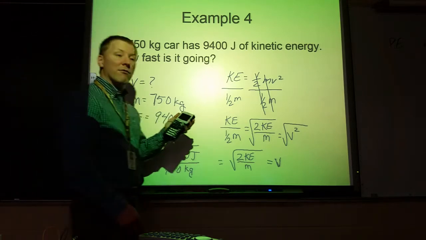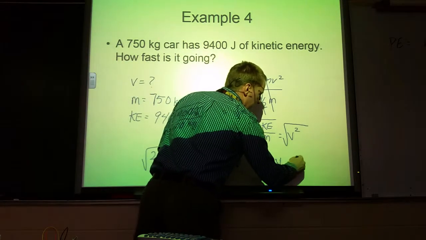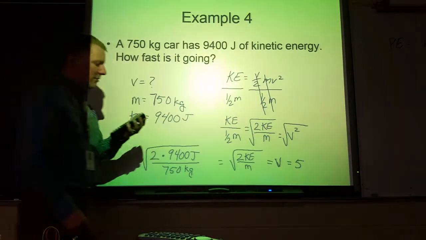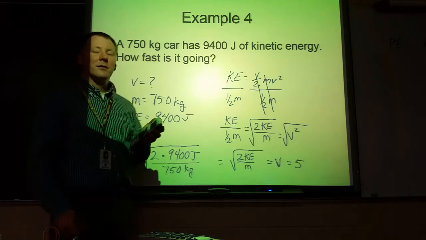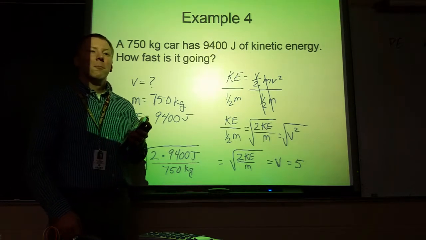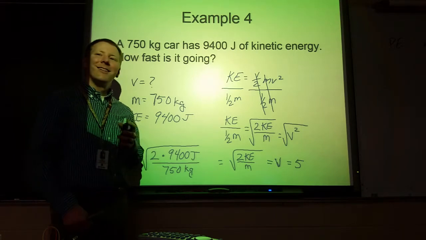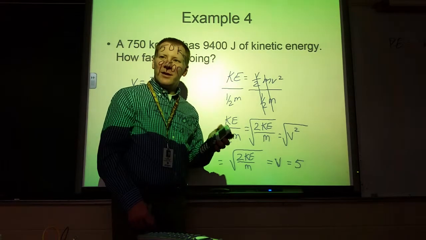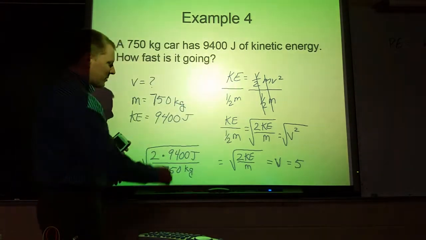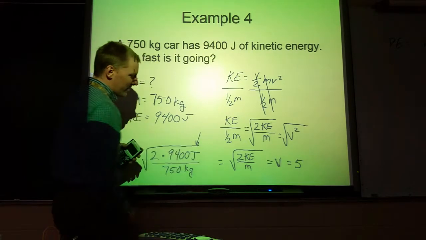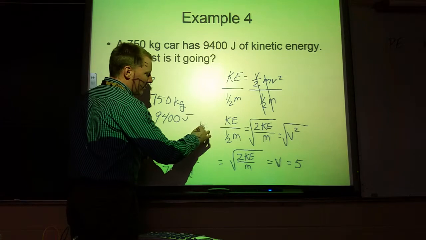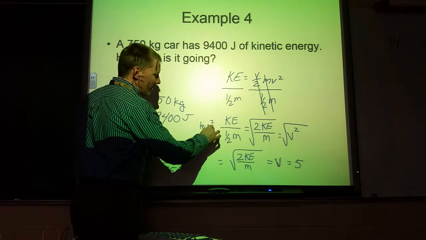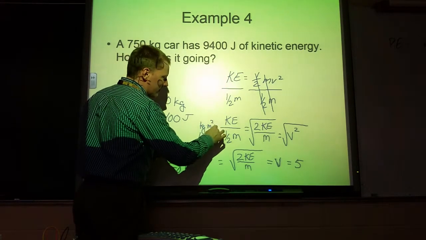And I get 5.007. What units? Joules? It's a speed, right? So we'd expect meters per second. Let's take a look at what we've got. Joules are actually kilogram times meter squared per second squared.